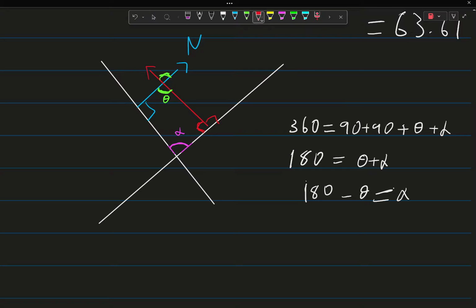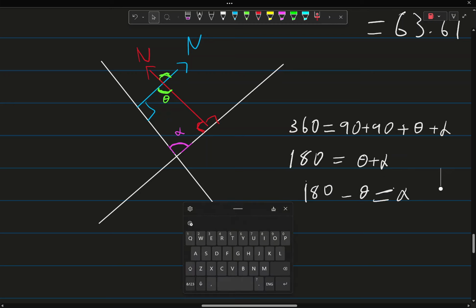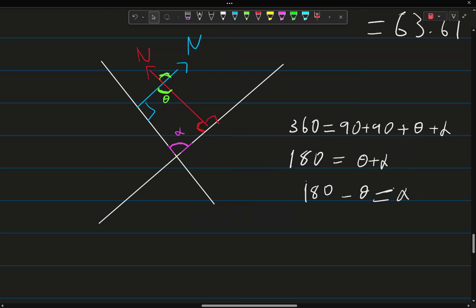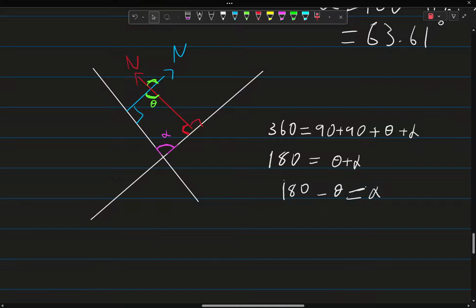The red and blue lines are the normals. I don't think I'm missing anything. So the angle between planes is just 180 minus the angle between the normals, I believe.